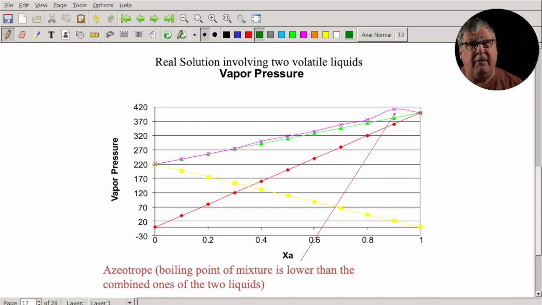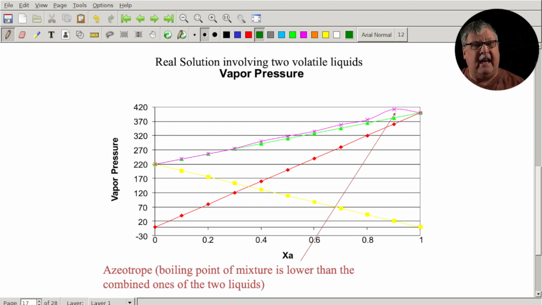But what this is telling you is you can't do that. You have a phenomenon known as azeotrope, where a certain mixture of alcohol and water actually has a higher vapor pressure than does pure alcohol. That's basically what this is saying.